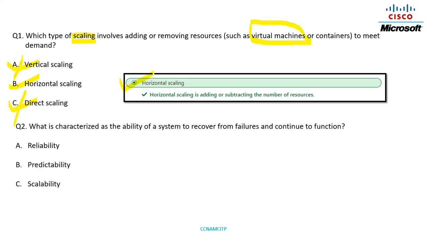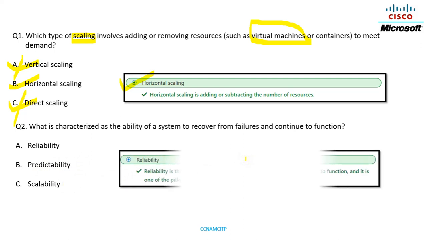The next question: what is characterized as the ability of the system to recover from failure and continue to function? It is telling you that you have a problem and you want to recover from the failure immediately and function continuously. What is that ability: reliability, predictability, or scalability?